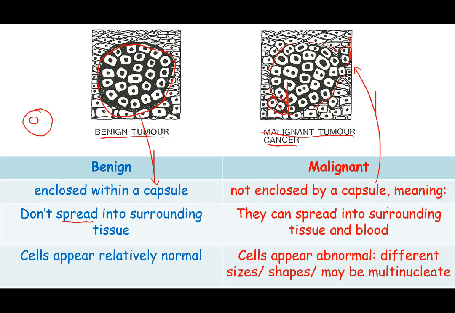That can be quite bad because, say for example, a malignant tumour spread to your liver, it can take the blood supply from the liver cells and it can actually destroy the liver, and that can happen in basically any organ in your body. The cells also appear abnormal, so they can be different shapes. So instead of being normal animal cells like this, they can be different shapes, they can be different sizes, and they can also be multinucleate, which in this case, that one there has got 2 nuclei.